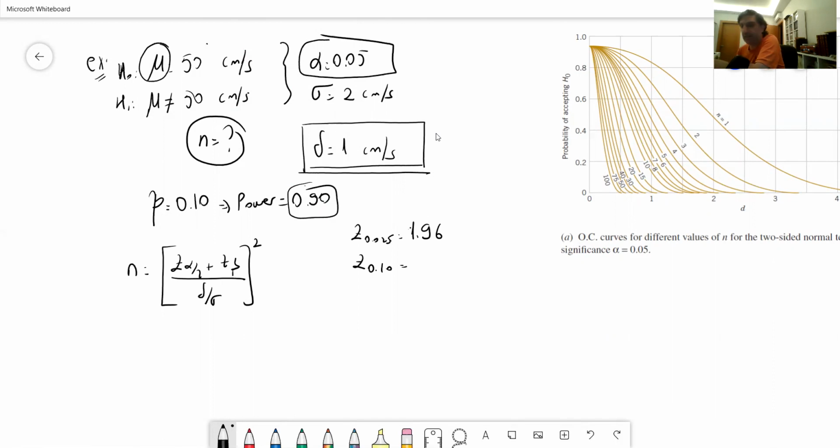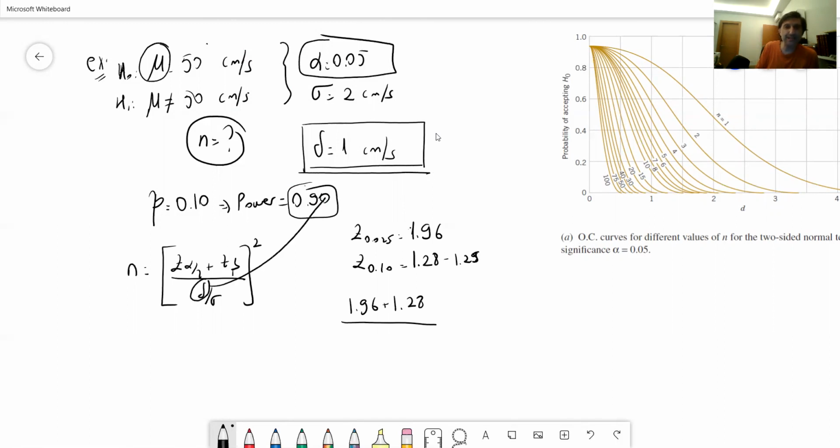The probability equal to 0.10 should be something like 1.28. Something like this.